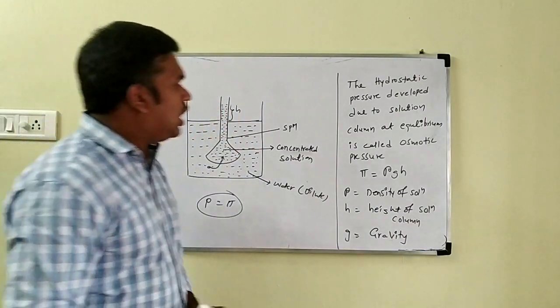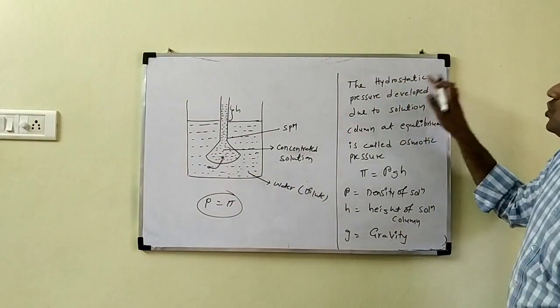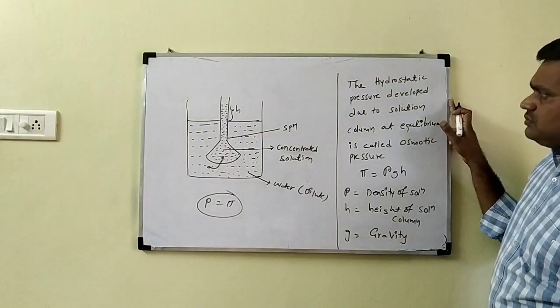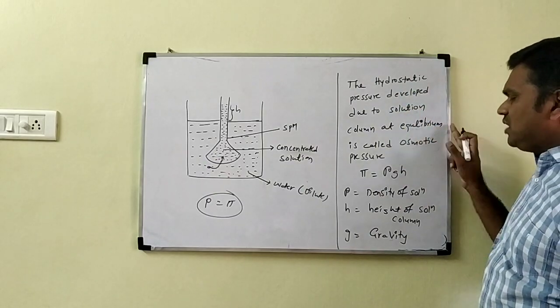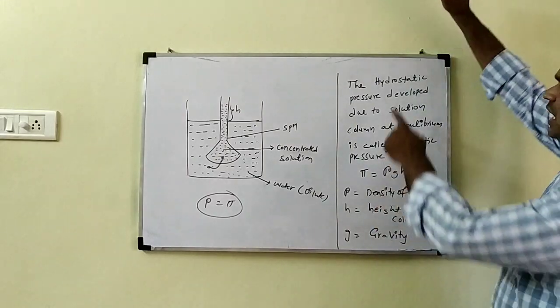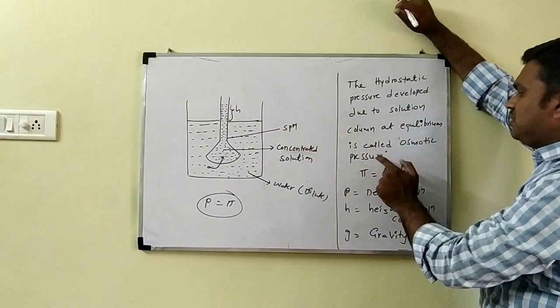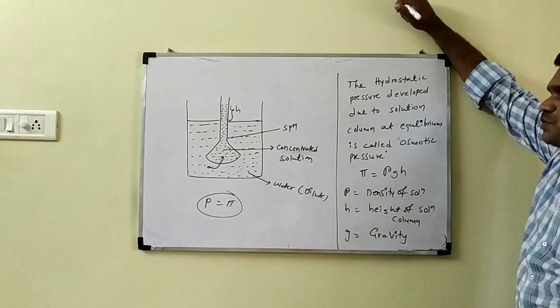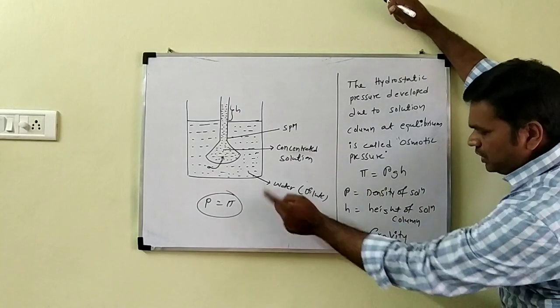Now we can define this osmotic pressure like this: the hydrostatic pressure developed due to the solution column at equilibrium is called the osmotic pressure. So pi is equal to P, as already written here.